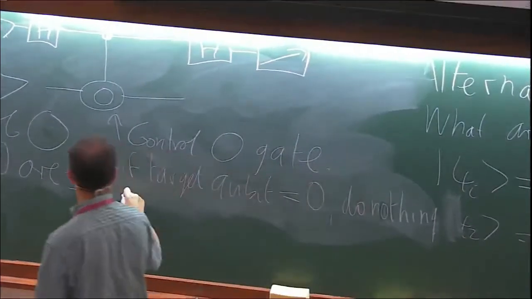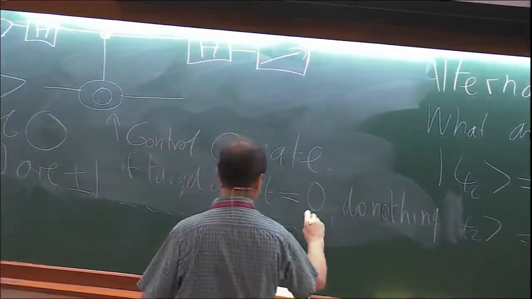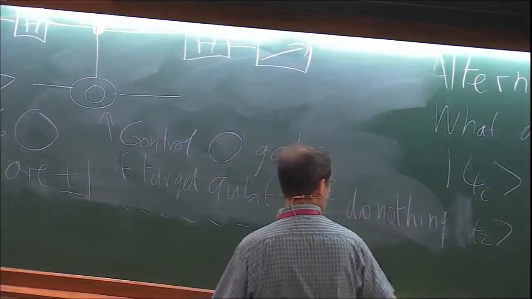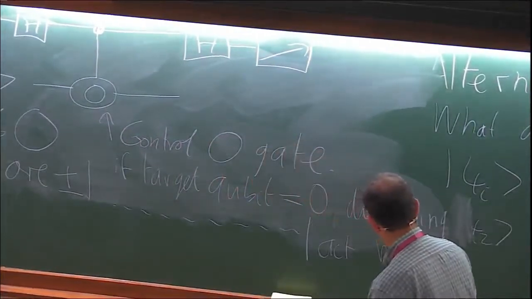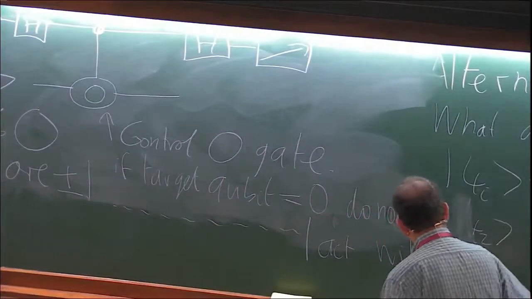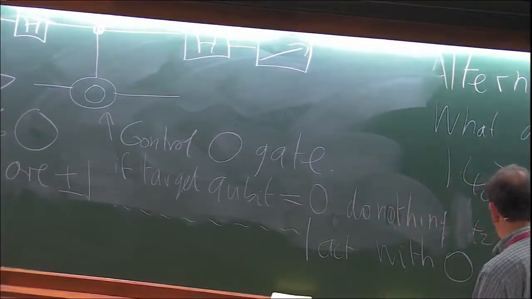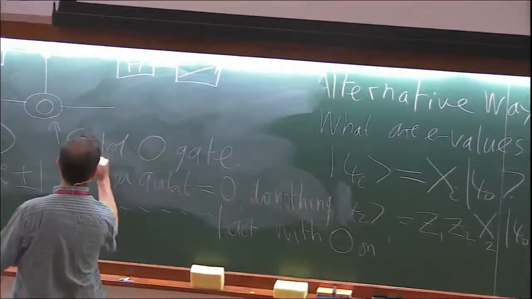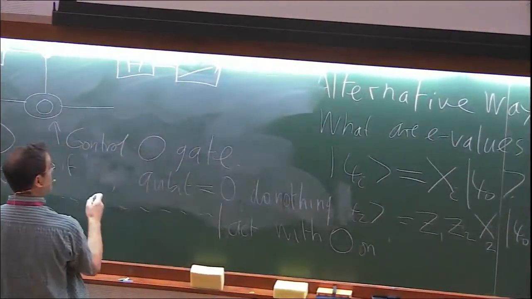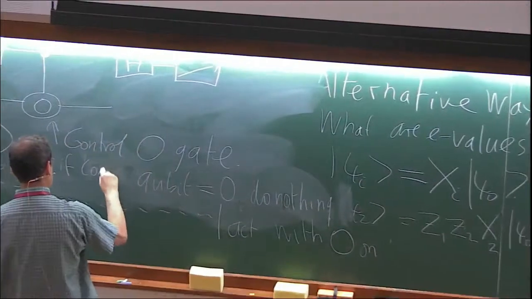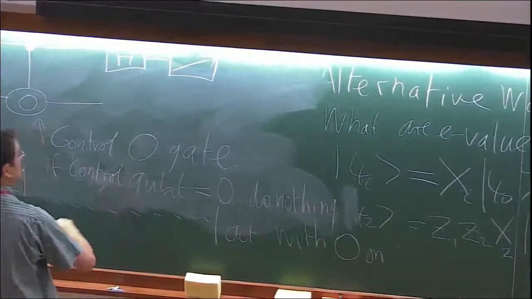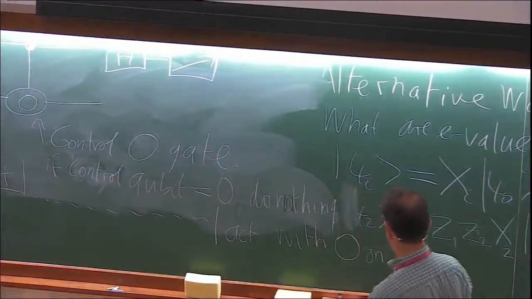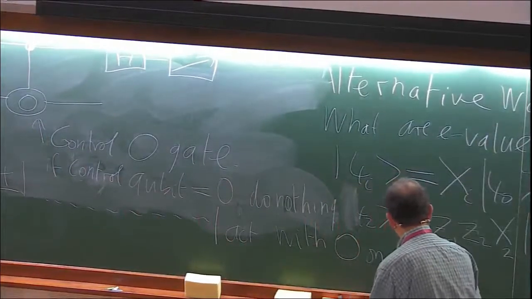If target qubit equals 1, act with the operator O on the... Oh, no, sorry. This is the control qubit, sorry. Thank you for keeping me in order here. If control qubit equals 1, act with O on the target qubit.